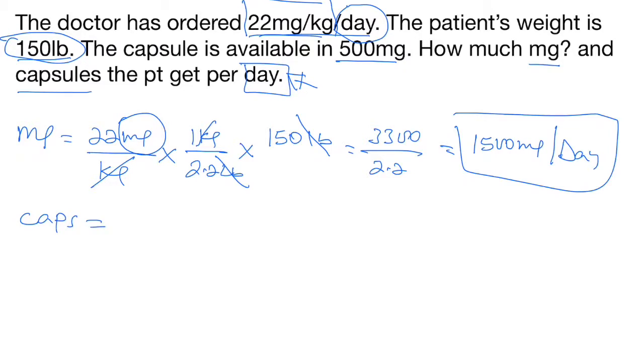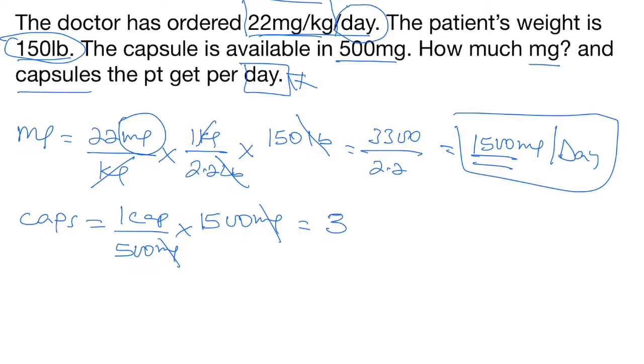We know one cap is 500 milligram and the order is for 1,500 milligram. Now we'll get rid of milligram by milligram and we will divide 1,500 by 500. We will have 3 caps. That would be our answer.